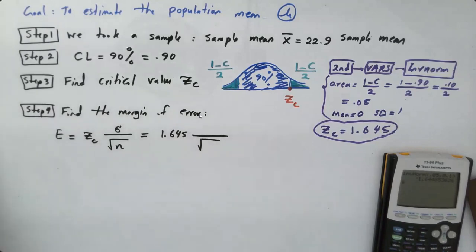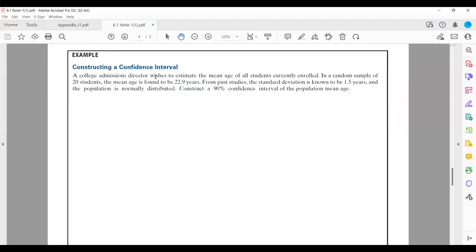So let's take a look at the example. Let's see if we can find that information from the example. From the very first line, you read that in a random sample of 20 students, I have 20 people in my sample. The sample size is 20. I also know that from past studies, the standard deviation is known to be 1.5 years.